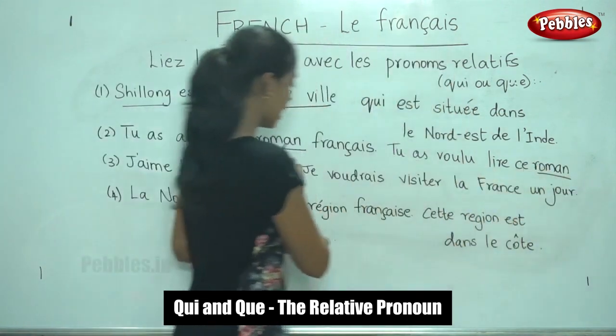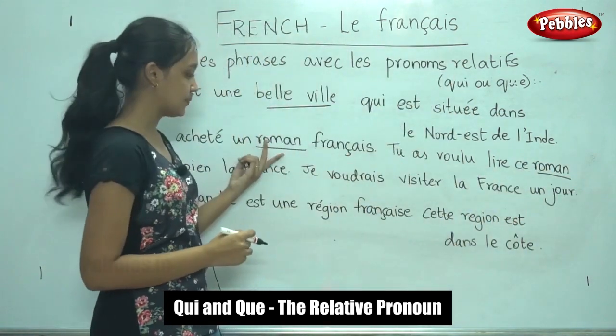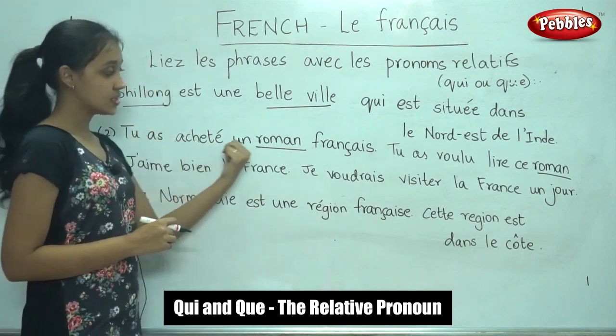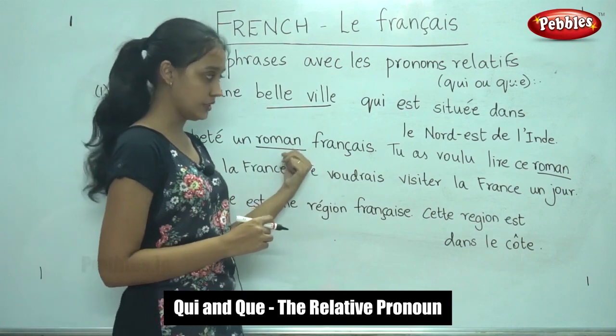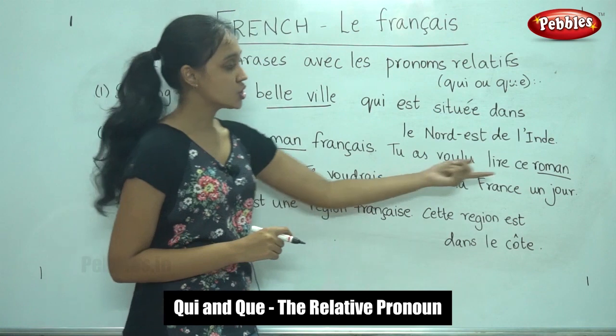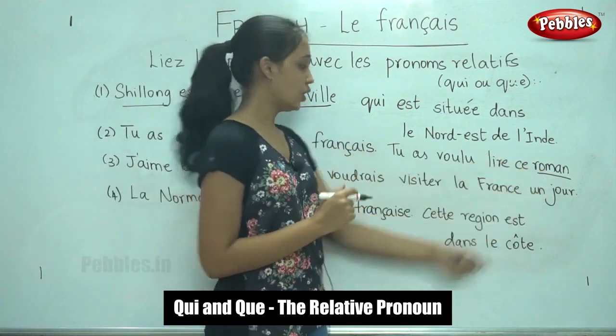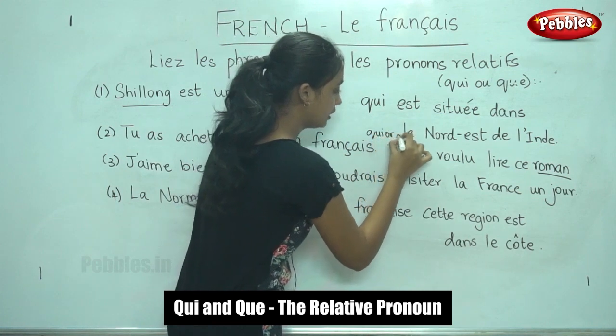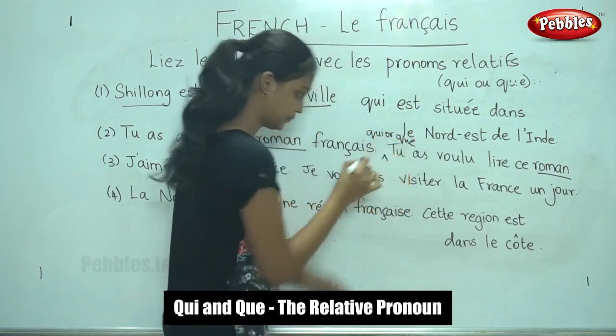See, it is repeated. It is there twice. So you bought a French novel which you wanted to read, right? So instead of this word, we are going to write qui or que here.